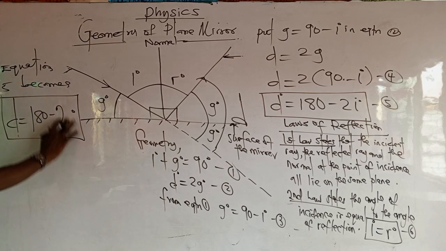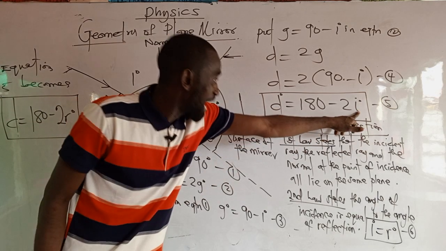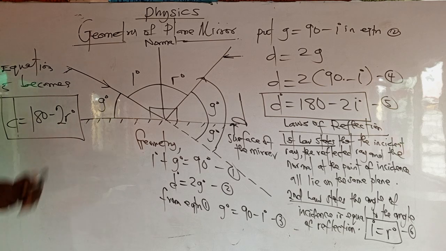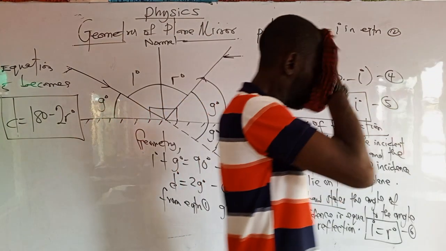I can change this I to R because they are the same thing. Angle of incidence is equal to angle of reflection.